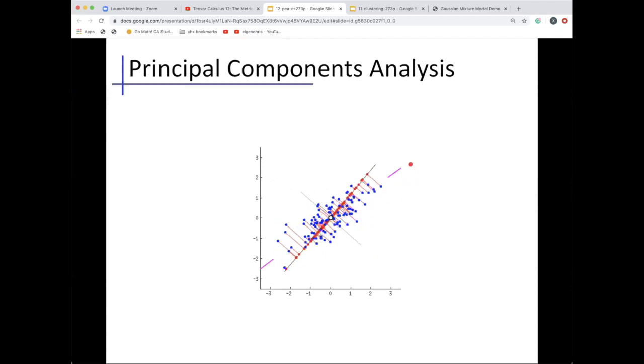You can certainly see that along this direction has the largest spread, the largest variance of projected points. And calculating that, it turns out to be simply the largest eigenvector of the covariance matrix of the data set. So this is so-called principal component analysis.